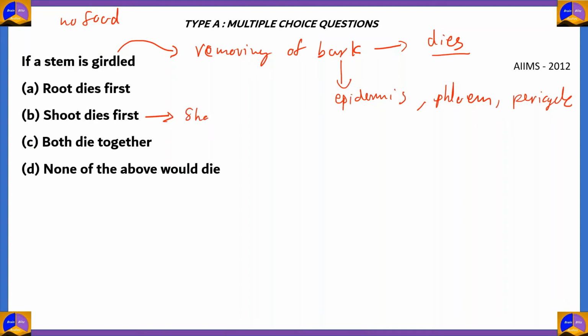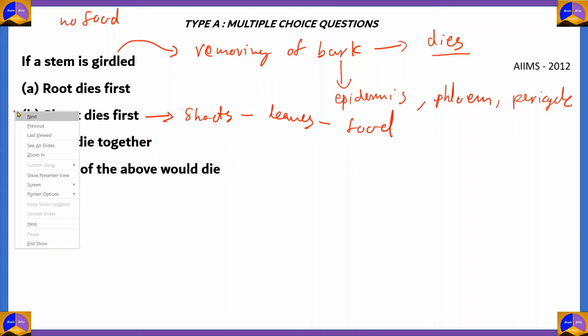And shoots contain leaves, which produce food. So the shoot does not die first. It dies eventually because of lack of supplies. But initially, the shoot still gets the nutrition from the soil through the xylem. So option B is incorrect.